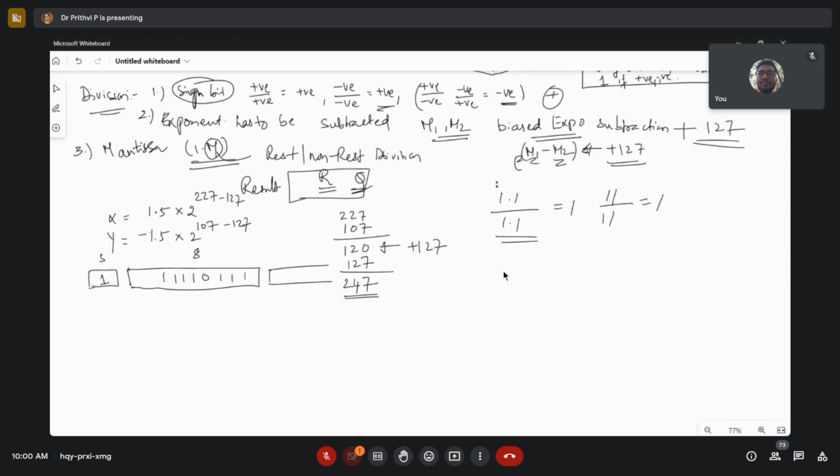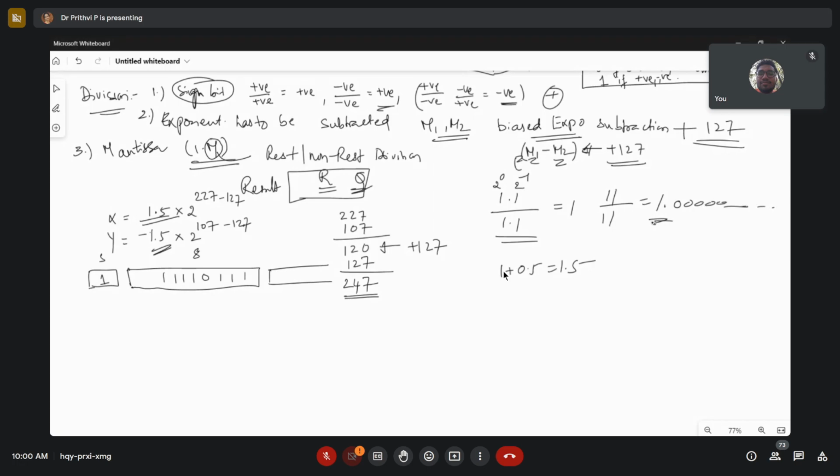2 power 0 and 2 power minus 1. So this is 1 plus 0.5. This is 1.5. That is the value we have taken. So 1.5 over 1.5 is 1. So your result should be, is this normalized first of all? 1 followed with all zeros it will be.